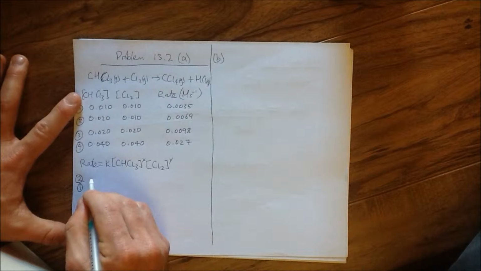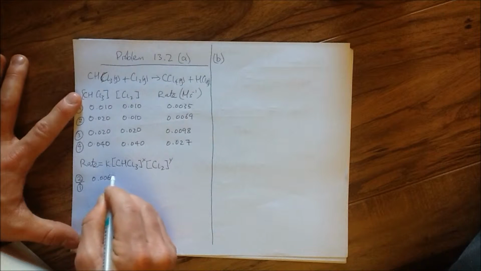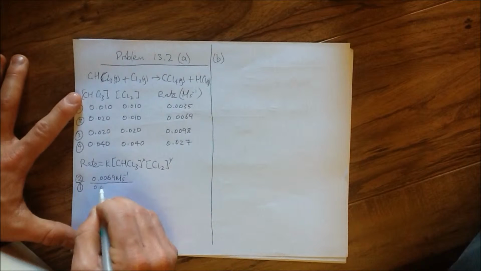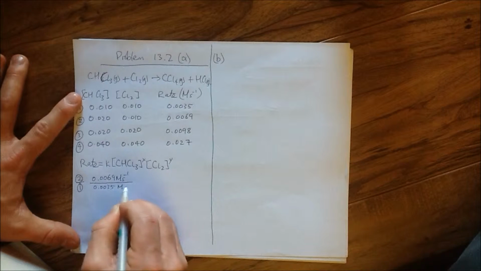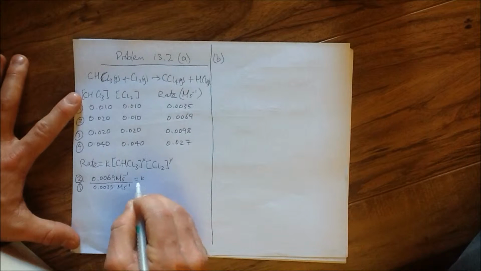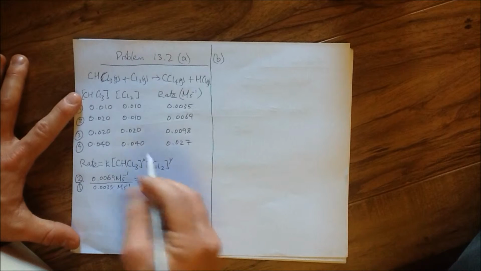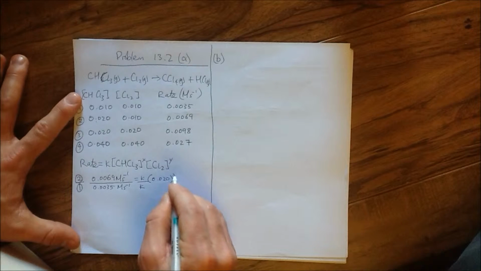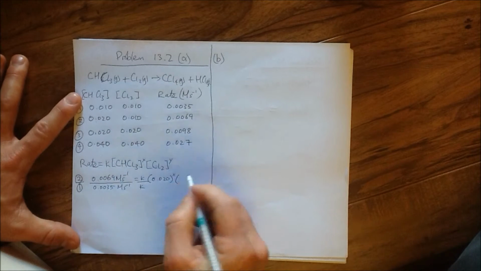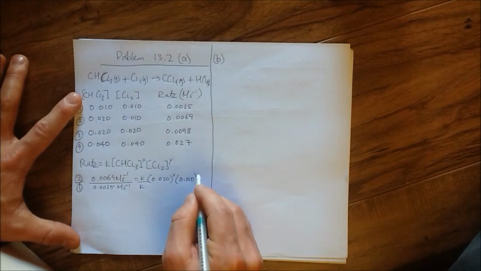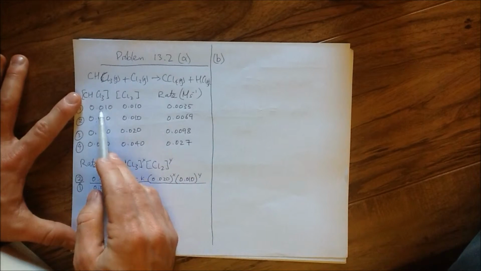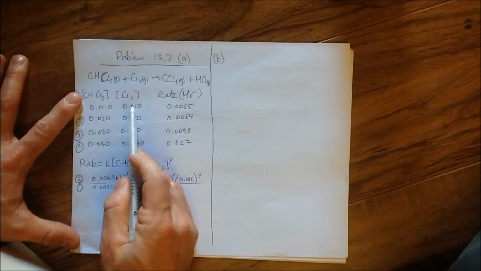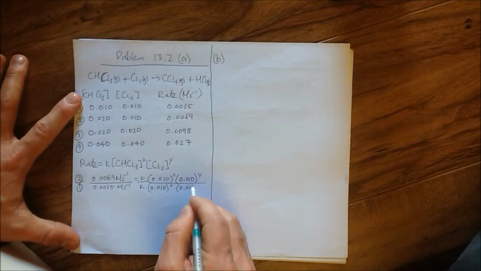So we get the rate, 0.0069 molarity per second, divided by 0.0035 molarity per second, equals the rate constant, 0.020 molarity to the x, 0.010 molarity to the y, and then for reaction 1, 0.010 to the x, 0.010 to the y.